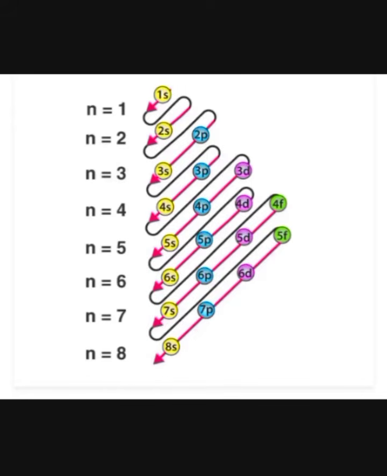So you can see how the lines are moving from 1s, 2s, 2p, 3s, 3p, 4s, 3d, 4p, 5s, 4d, 5p, 6s, 4f, 5d, 6p, 7s, 5f, 6d, 7p. They will move to 8s. You can see how it's moving. So that is how we apply the Aufbau principle. Please take note. It's very, very important.